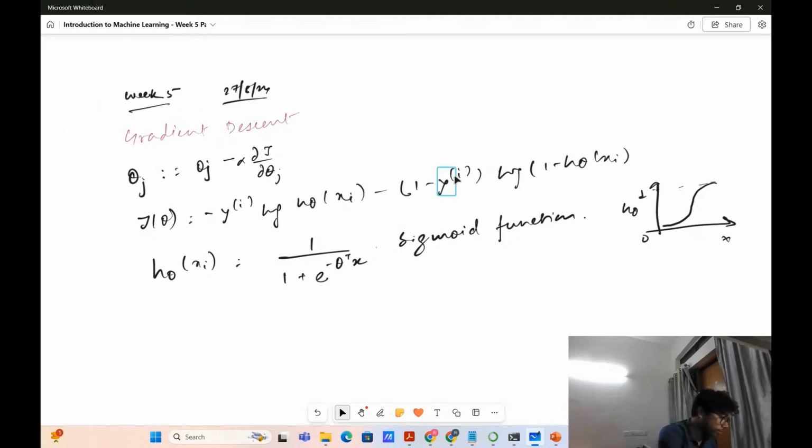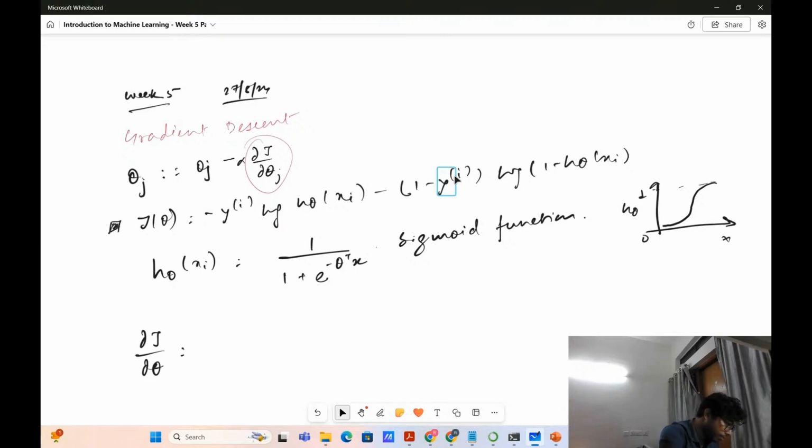So what is del J del theta? This is the term that we are calculating. So we are taking the derivative of this expression.